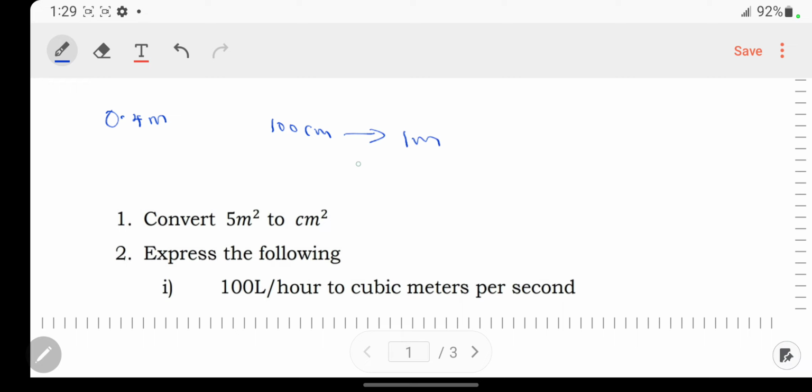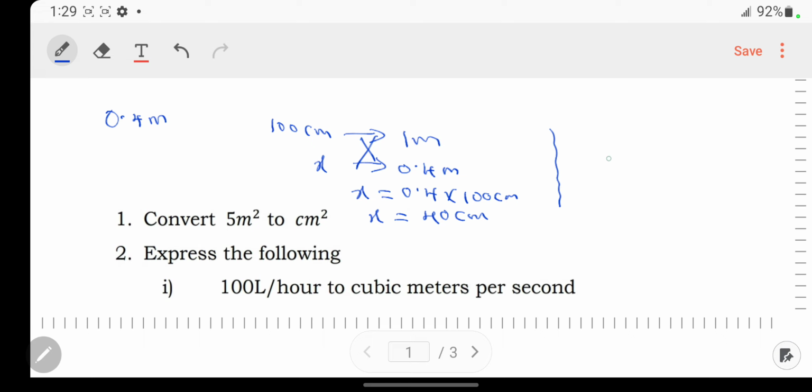Then we ask ourselves, if you have 0.4 meters, how many centimeters can be found from there? So we are going to cross multiply. We are going to realize that our x is equal to 0.4 by 100 centimeters, which will give us x to be equal to 40 centimeters.